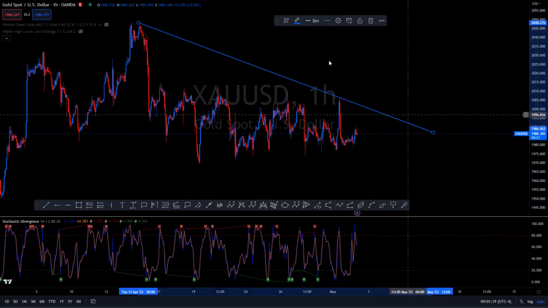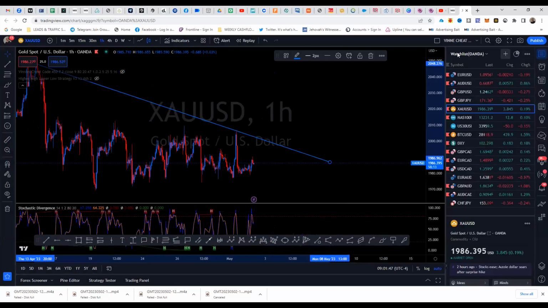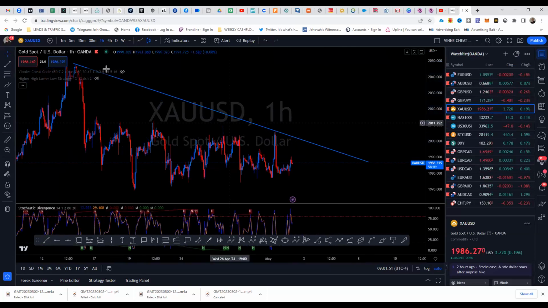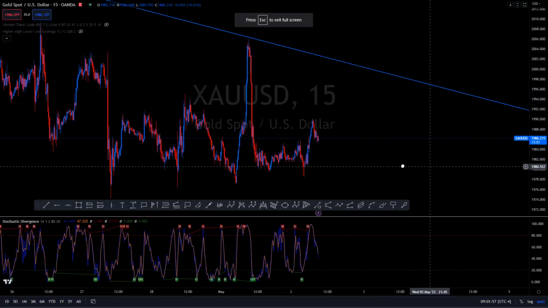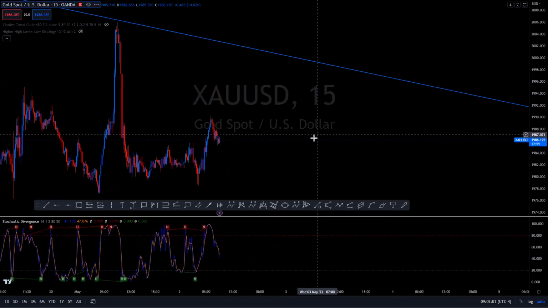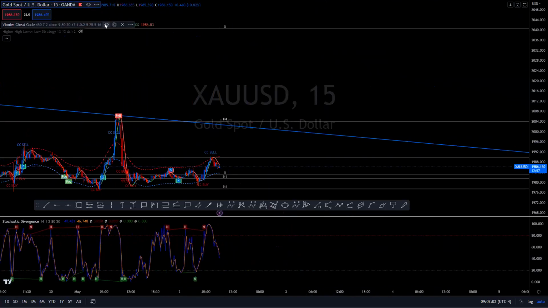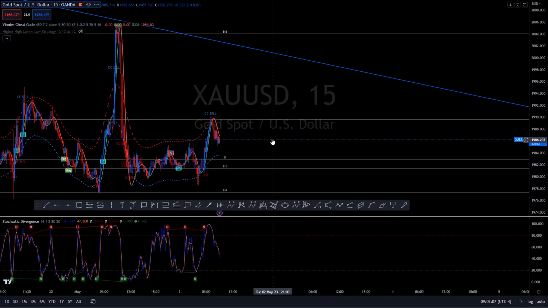Let's go to the smaller time frame, 15 minutes, and look at the current trend here. Let's turn on the indicator first.